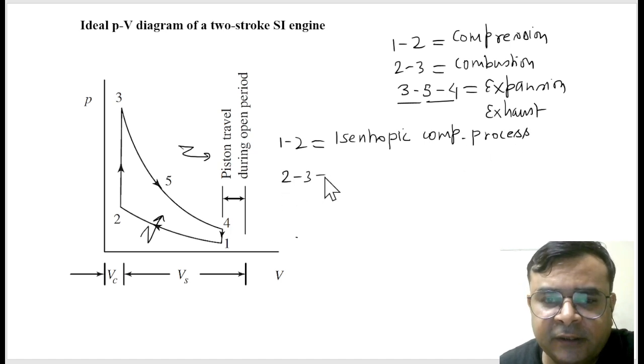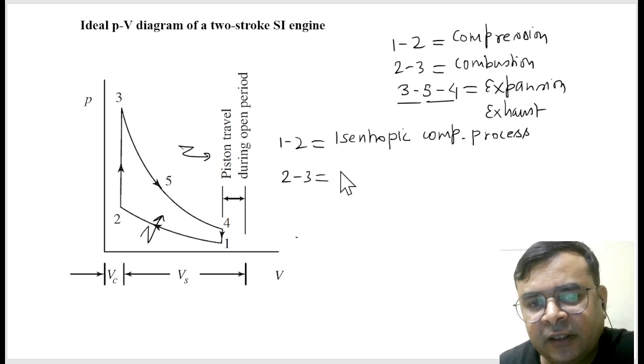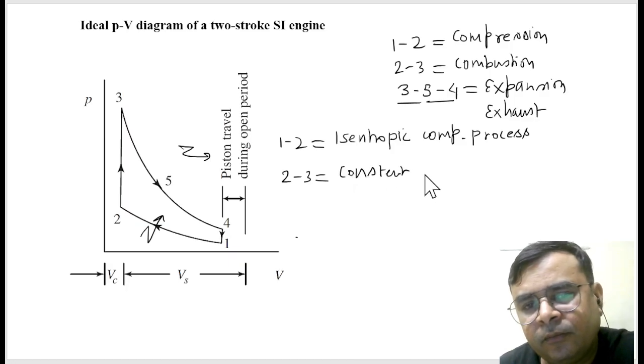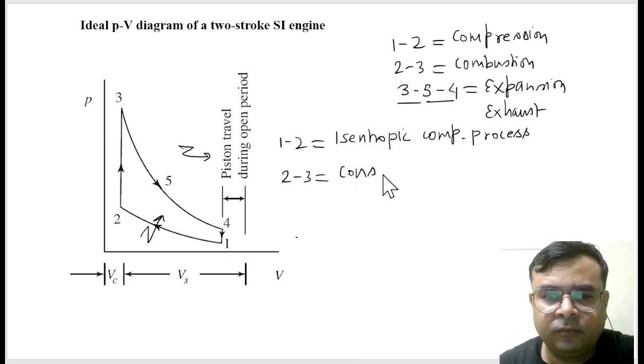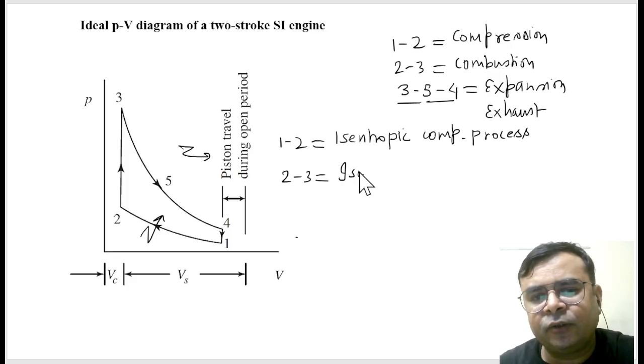And 2 to 3 is heat addition at constant pressure. It is also called isobaric heat addition. Is it right?